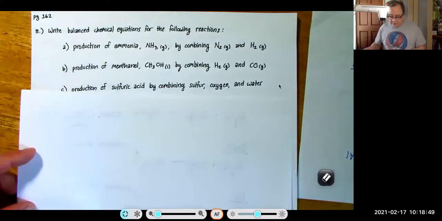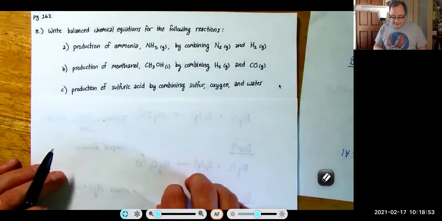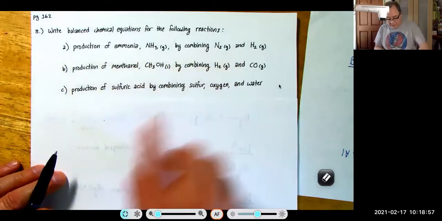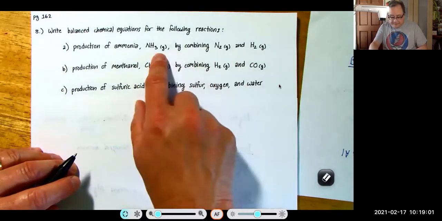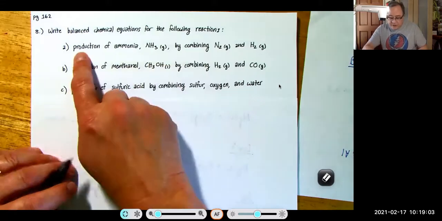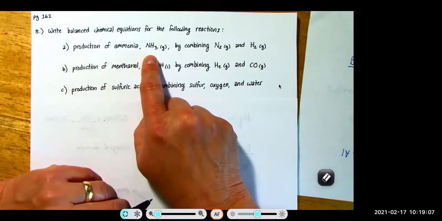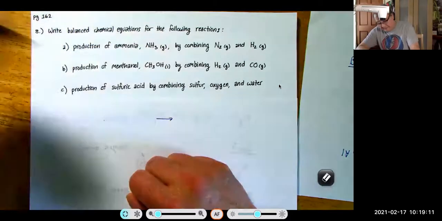Okay, so let's practice balancing equations. Production of ammonia by combining N2 and H2. So notice we have the labels here. So when we say production of ammonia, is ammonia a reactant or a product? A product. Right, because production means you're making it.